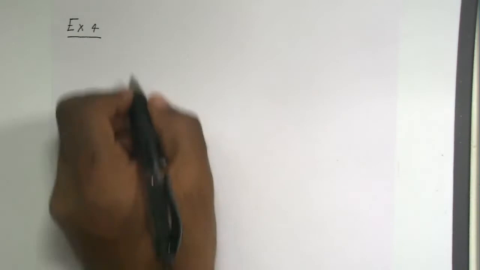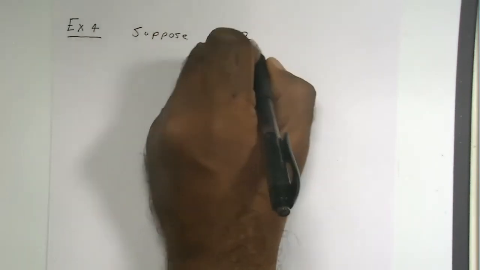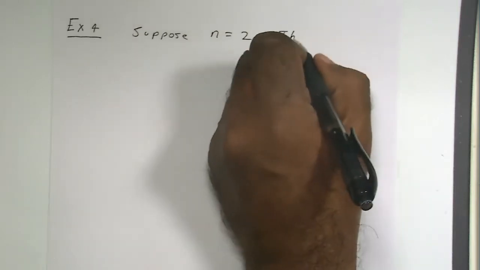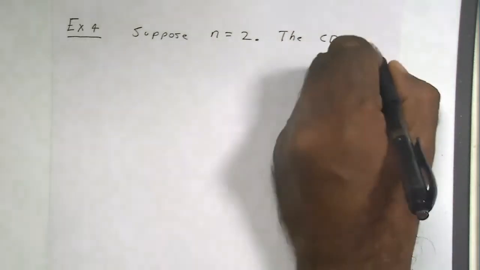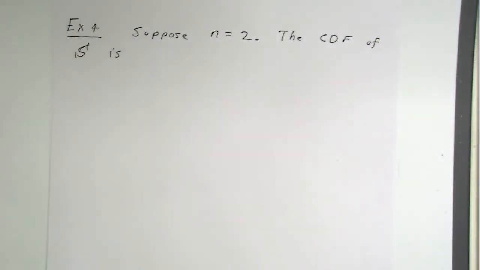Suppose n equal to 2. Sorry, in this case we can't assume n equal to 2. This is the wrong example. We can't assume that because n is no longer fixed. So this example is no longer valid. You have to leave it like this.